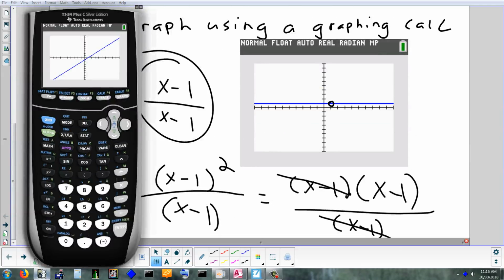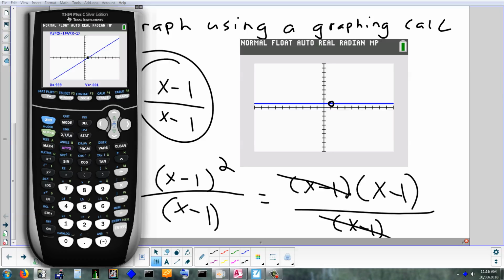Can't even tell there's a hole in it, unless you try to trace to 1 and you notice there's no y value. You can go very close. You can go 1.01. That's good. You can go 0.99 or 0.999. You can get very, very close to 1. You just can't type in 1.